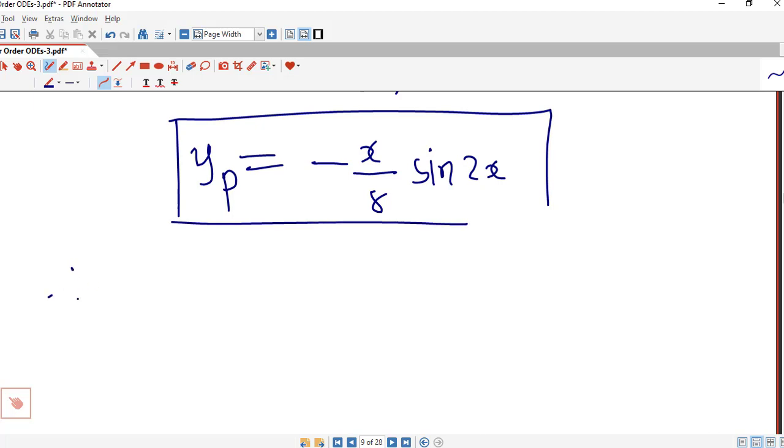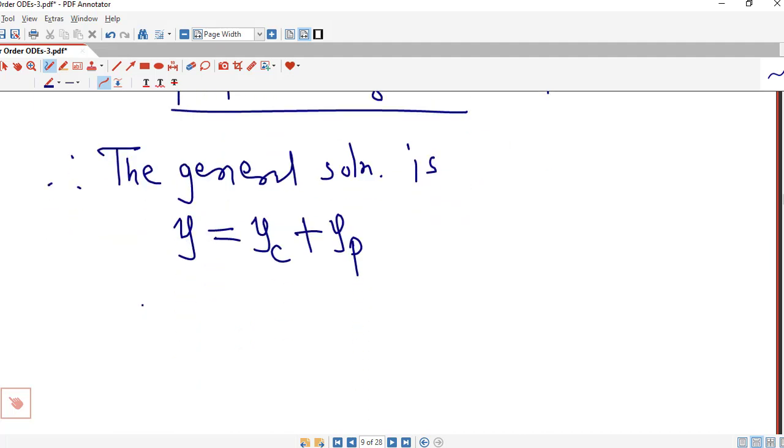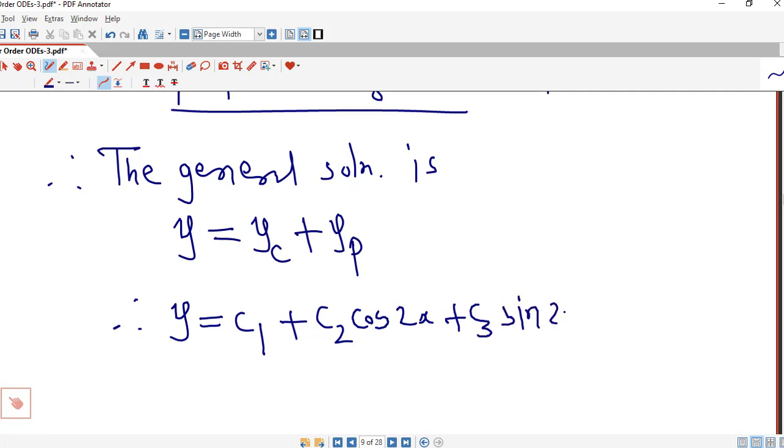So finally we write down the general solution by considering the addition of the complementary function and the particular solution or particular integral. So therefore y equal to c1 plus c2 cos 2x plus c3 sin 2x.